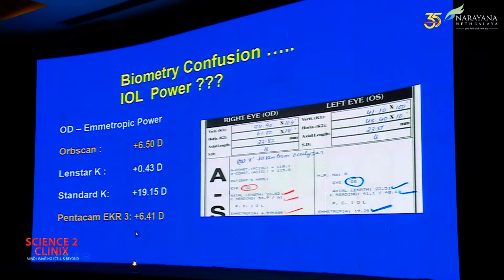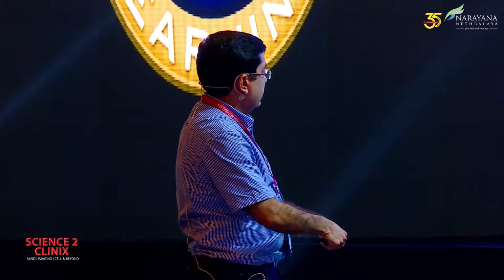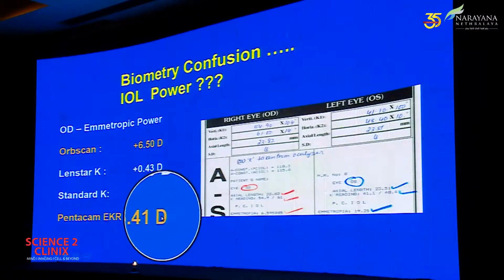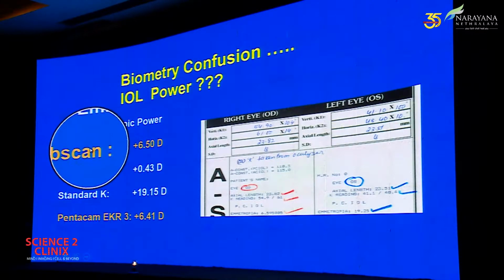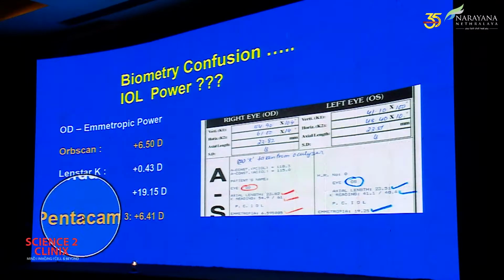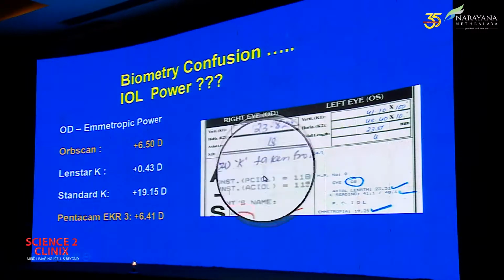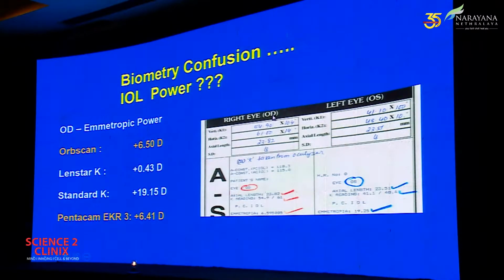When we used the EKR from the Holladay chart from the Pentacam, the central 3 millimeter EKR, this is what you got, 6.4. So the OpScan K and the Pentacam K gave you almost identical IOL power calculations. So the question is, which IOL power would you use?